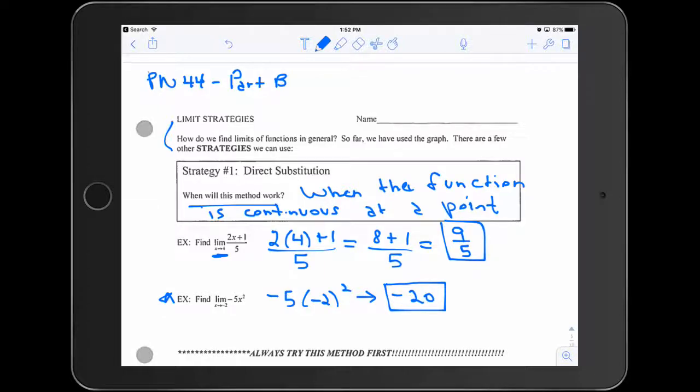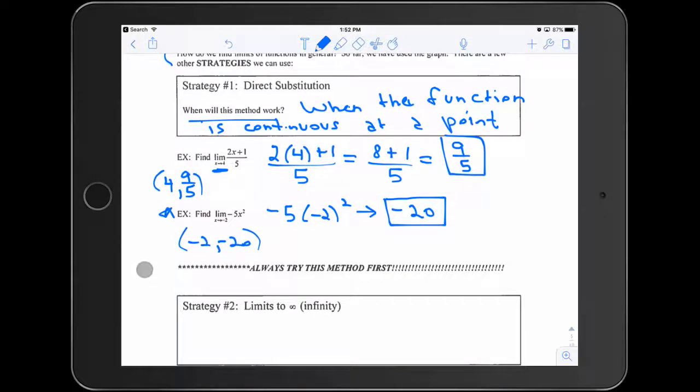So direct substitution works when the point is defined at that x value. So at 4 we know the point is going to be (4, 9/5), and this point is really (-2, -20). So if you have a continuous point there, then you'll have a limit, and you can use this direct substitution.